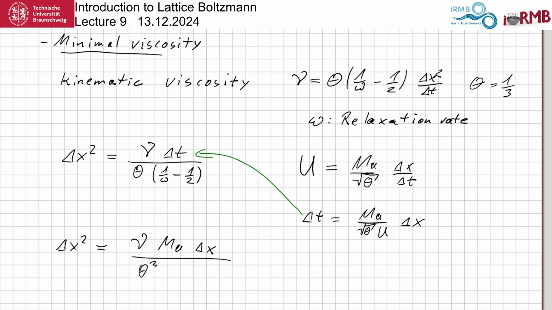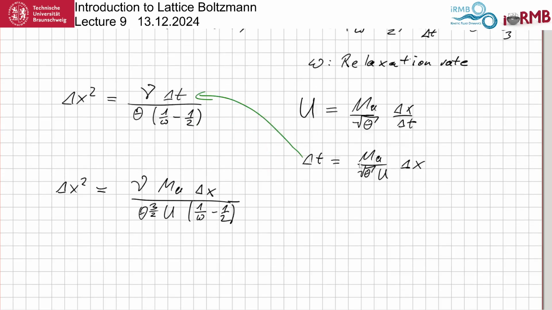I guess this will be 3 theta to the power of 3/2 times u times 1 over omega minus 1/2. So now we have delta x on both sides, so we can simplify this to delta x is equal to nu, the Mach number, divided by theta to the 3/2 u, 1 over omega minus 1/2.